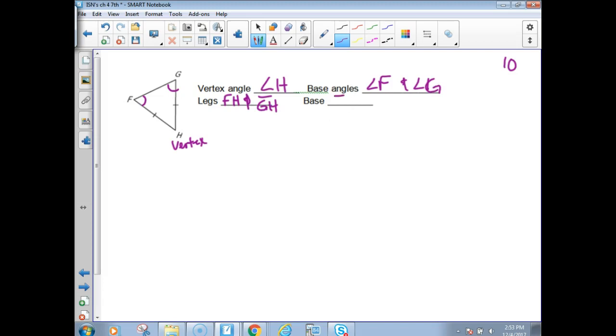And the base is the segment FG. Okay, so you have to look at where your congruent sides are to determine where your congruent angles are and where your vertex angle is.